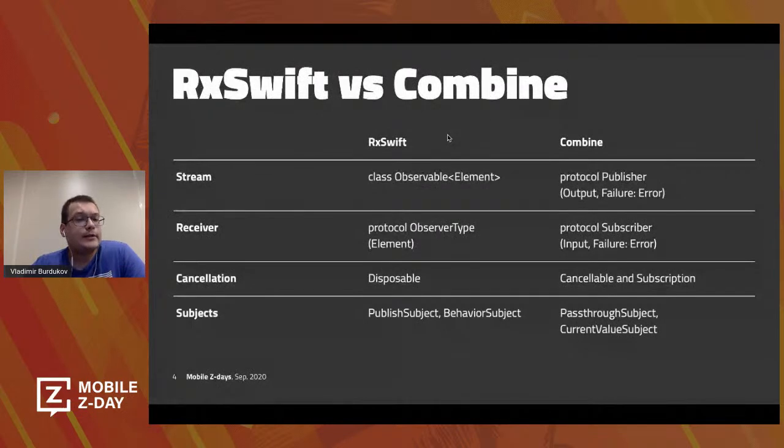And the last, but most interesting part, since we often use it to bind our imperative code and our reactive code: subjects. In RxSwift, we have PublishSubject and BehaviorSubject, and their counterparts in Combine, PassthroughSubject and CurrentValueSubject. We'll meet PassthroughSubject a little bit later.